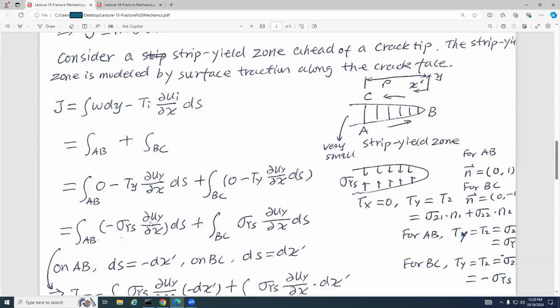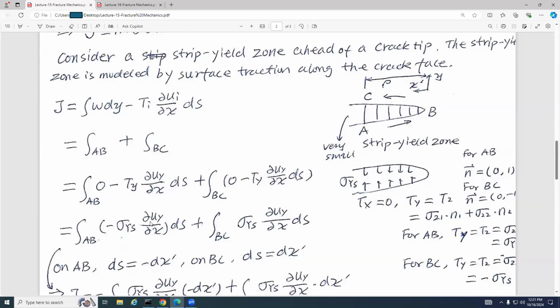So I only have sigma ys, which equals sigma 2,2. Sigma ys is going up. So as a result, on this surface I only have sigma 2,2 here. So this equals 0. I don't have sigma 1,2.